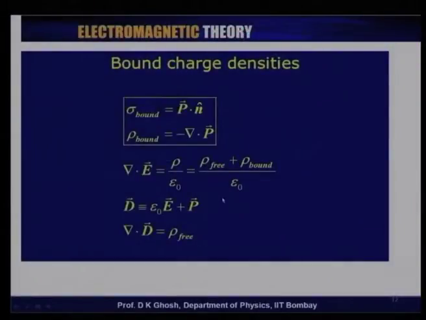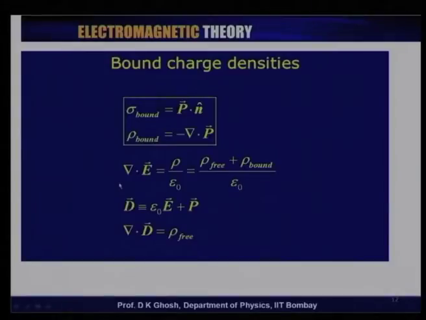One is that rho, which is the charge density which produces the electric field, could consist of two parts. One, the free charge density, rho free, just I have written it for being explicit, and a volume charge density called rho bound, which arises due to the dipoles, divided by epsilon 0.